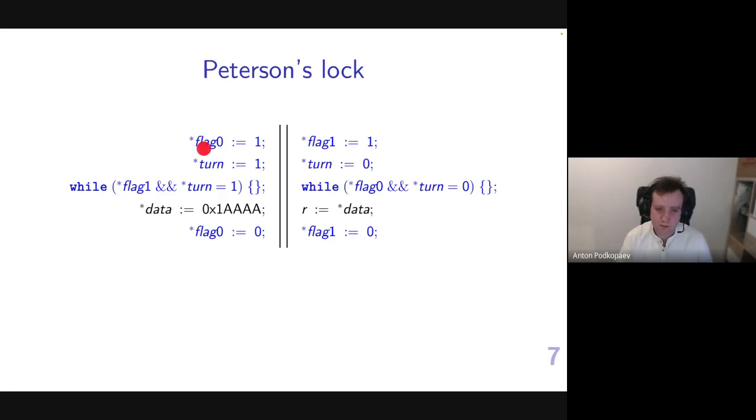So the left thread assigns turn to 1, and the right thread assigns it to 0. Then each thread waits until it is its turn, and it waits for the other thread to reset the flag.